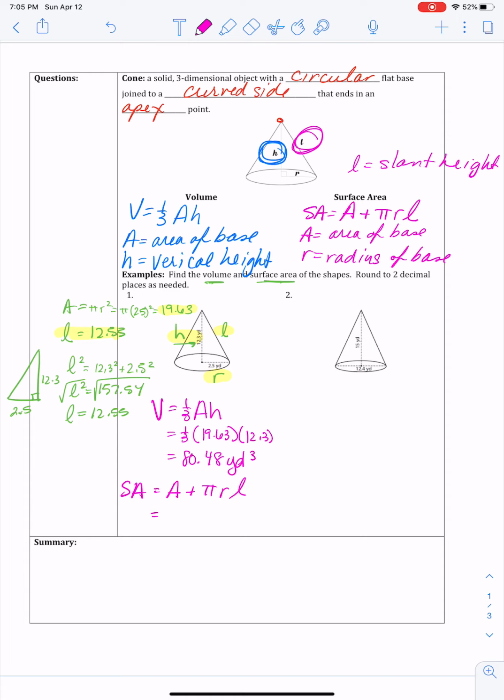The area of the base, we know that up here, that's 19.63 plus pi times my radius is 2.5 and my slant height is 12.55. So that gives me a surface area of 118.20 yards squared. So you can see that there was a little bit of before work to be able to solve this.